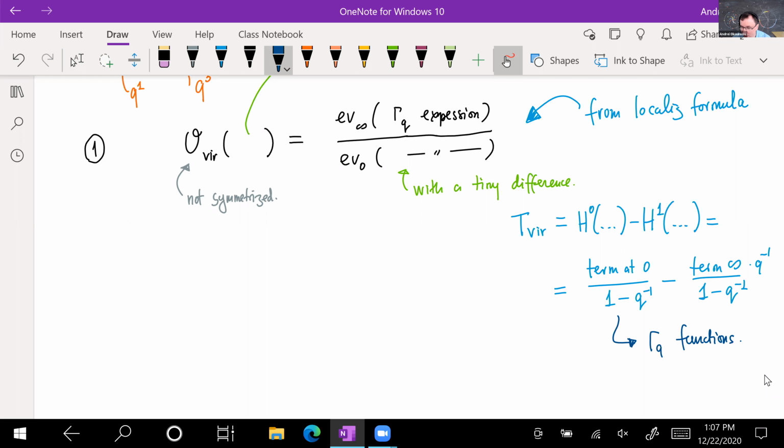Virtual tangent space is some cohomology. Cohomology we can compute by localization. Localization has the form where you have a term at 0, term at infinity, subtracted, and 1 minus Q in the denominator. Then if I take 1 minus Q in the denominator, expand it out, I'm getting an infinite series that's going to give me a Q gamma function. Everybody, that we're on the same page here.